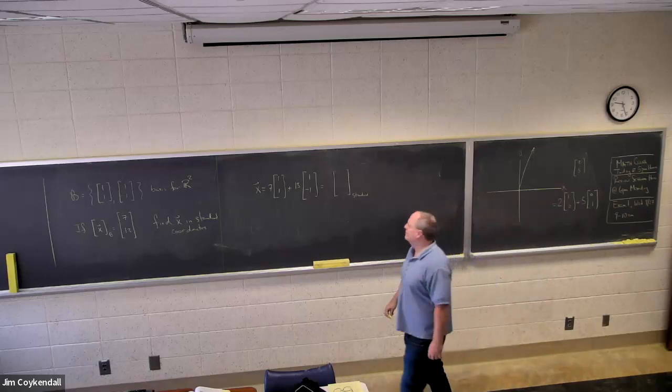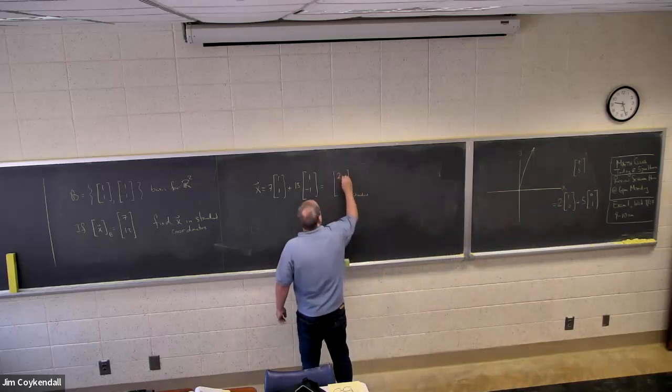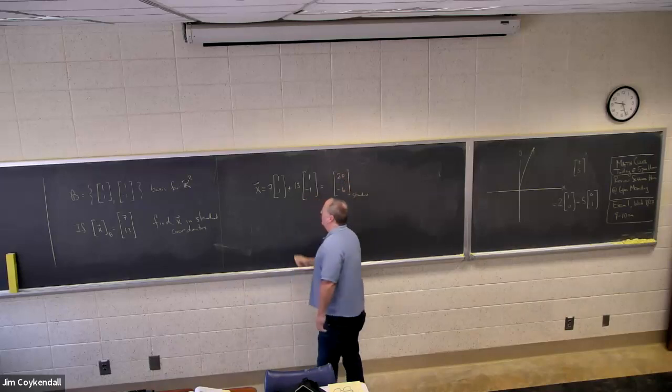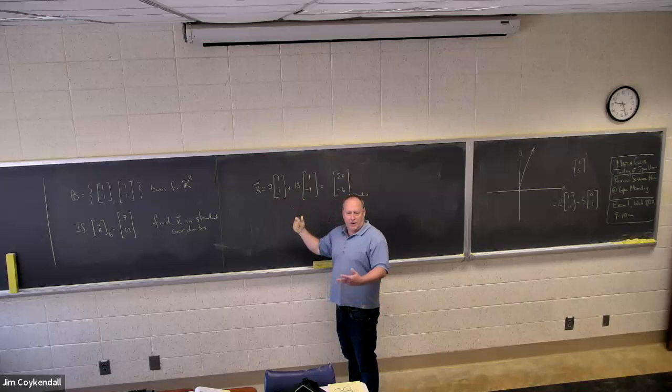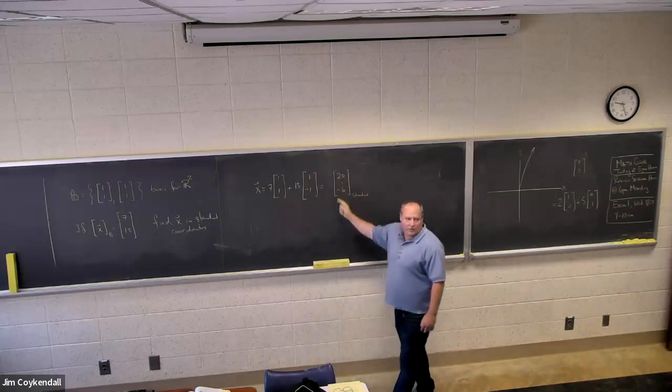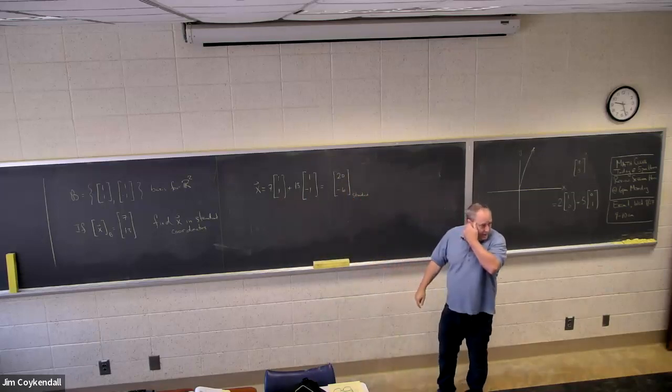I think 20, negative 6. That's right. So 7 of these plus 13 of these gives you a grand total, in standard coordinates, of 20, minus 6.